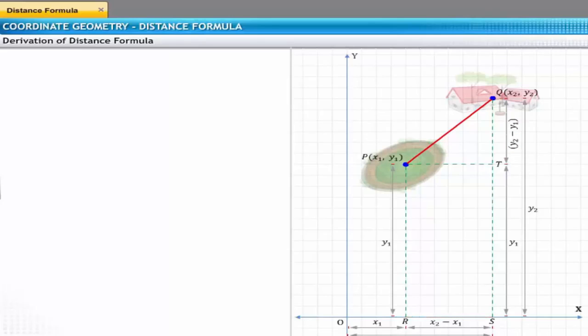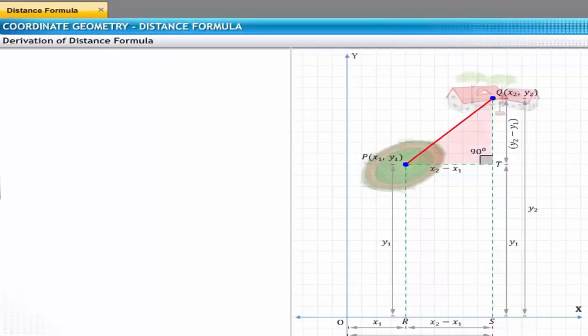Distance RS is equal to distance PT, which is equal to x2 minus x1. As you can see, PTQ is a right-angled triangle. Pythagoras' theorem states that in a right-angled triangle, the square of the hypotenuse is equal to the sum of the squares of the other two sides.